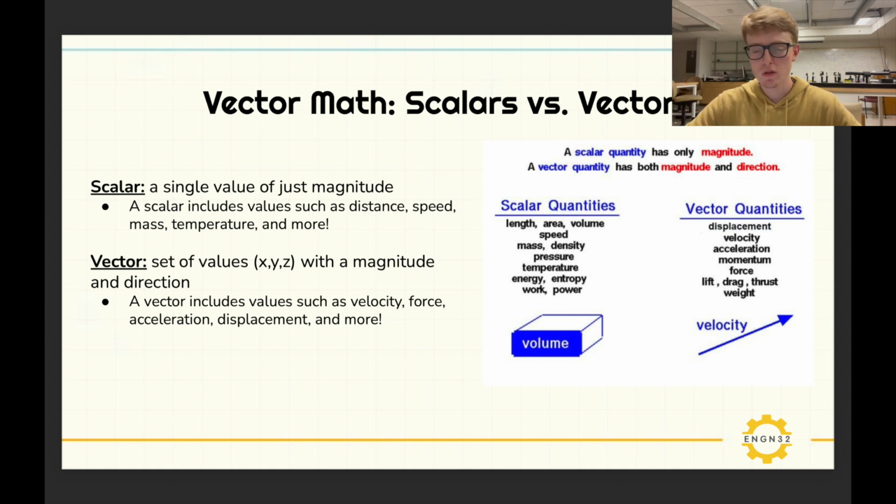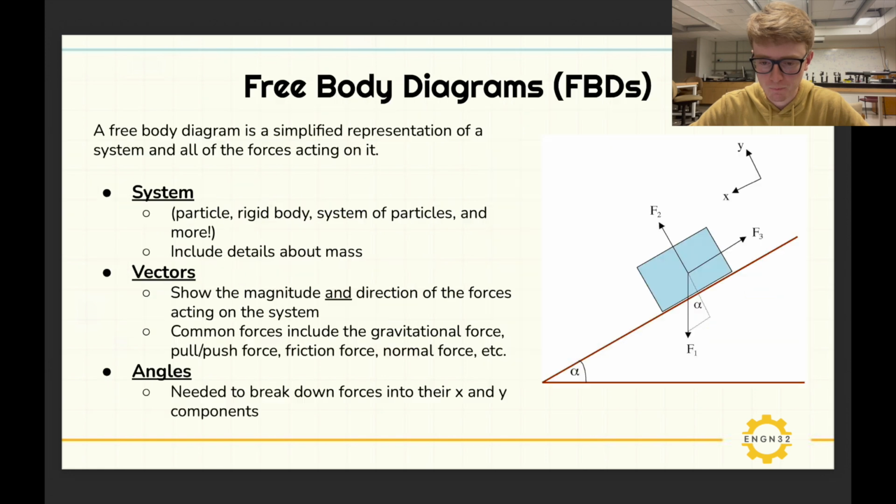Okay, and so we see vectors in a variety of real life situations. Some of them are on the slide, as you can see here: velocity, force, acceleration, displacement, and so on. Okay, so that's kind of what we're going to be introducing today. Those two terms are very important, so just keep that in mind, because we'll be using those throughout the rest of this studio.